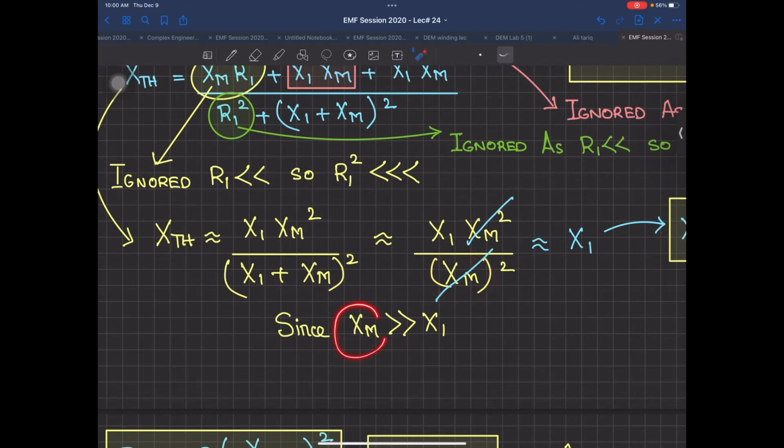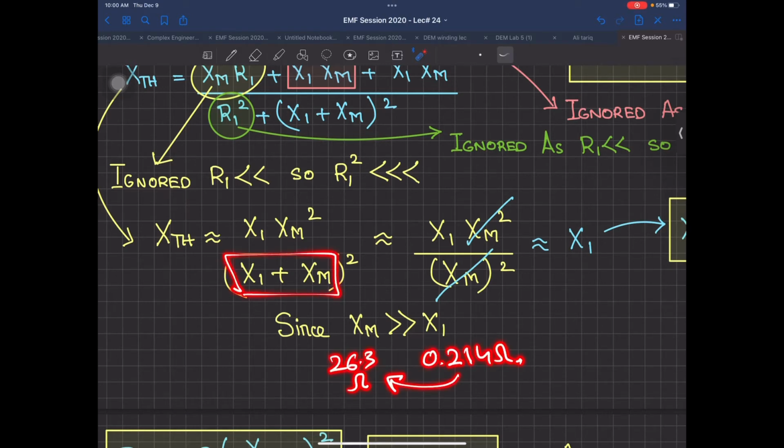Why? Because xm is a very, very large value as compared to x1. For example, if xm is supposedly 26.3 ohms, x1 is something like 0.214 ohms. You can confirm this from your numericals. So you can see the difference over there, 100 times difference. So when you sum and then square it, it's approximately the same thing.